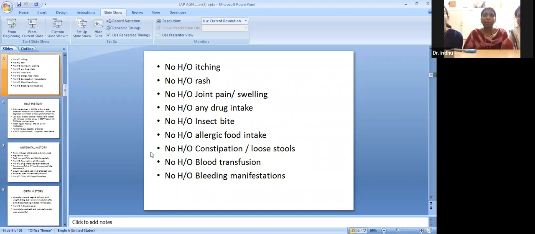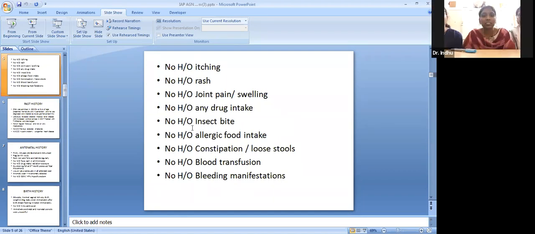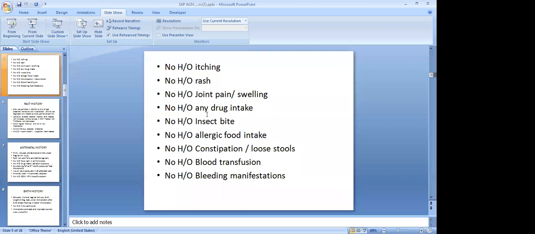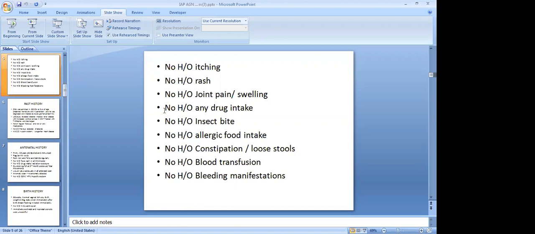Okay. So why did you ask for joint pain and swelling? SLE. Okay, so what is the characteristic of joint involvement in lupus? Is it confined to one joint? Is it like multiple joints? Is it lower limb? Is it upper limb? What do you get?